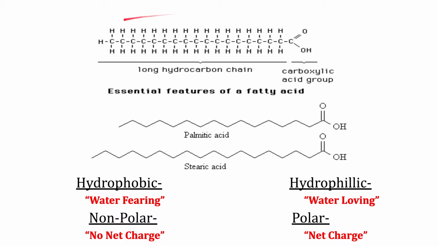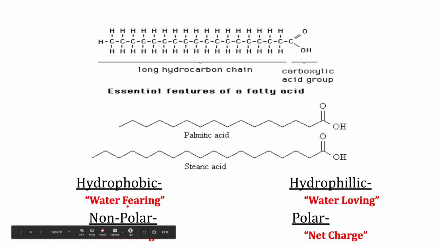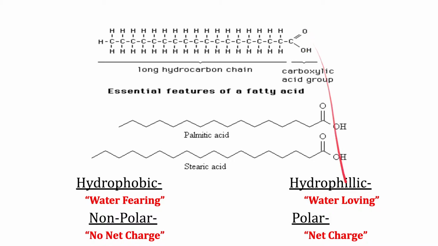So if the left half of this molecule is hydrophobic or water-fearing because it doesn't have a charge from one end to the other, then this side of the molecule, the right side of the molecule, actually is the exact opposite. It's hydrophilic, which means it's water-loving, and that's because if you look at this little bit of molecule right here, different parts of this have different net charges, a plus on one side and a minus on the other.